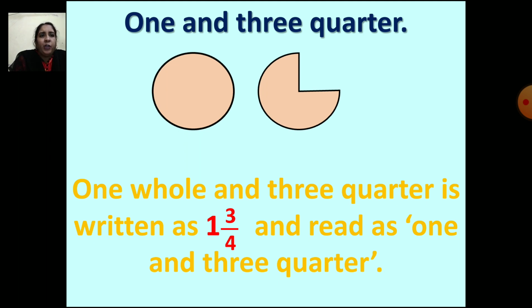For one whole you will take 1, and for 3/4 how do you write? 3 upon 4. And how are you going to read it? It is read as 1 and 3/4. Same way, you can take 2 and 3/4, 3 and 3/4, 4 and 3/4, and so on.